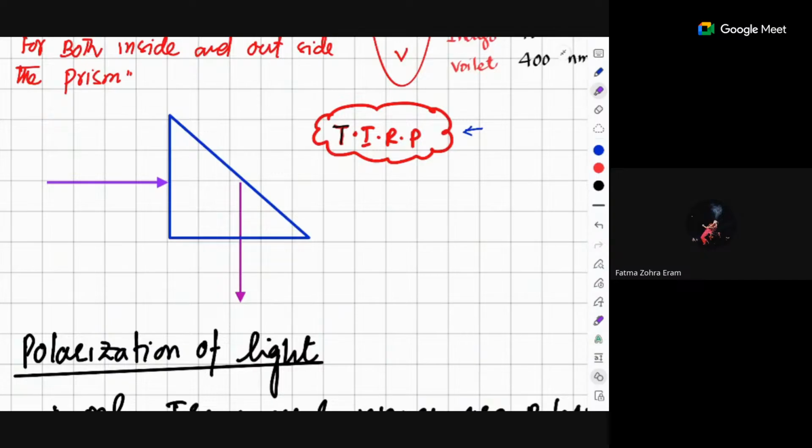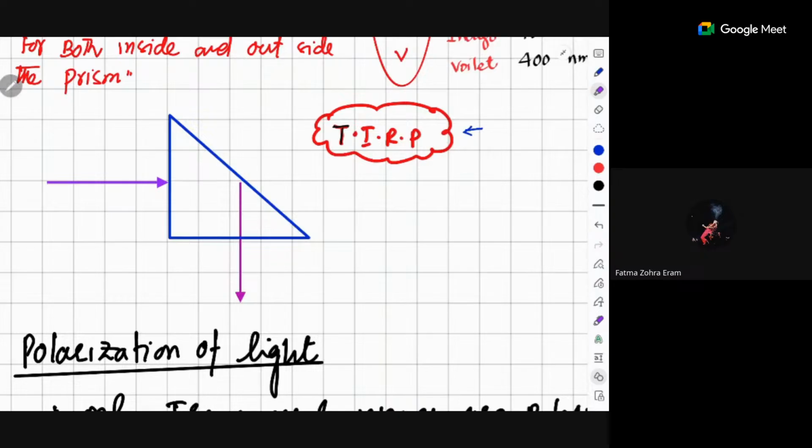Will it refract or not? What's your choice? What's your answer? Yes, sir. Will this light bend, or go straight, or what will happen to this light?